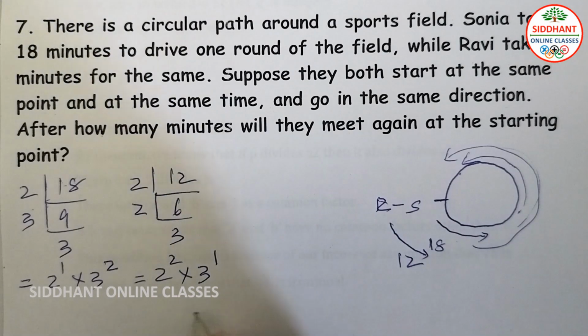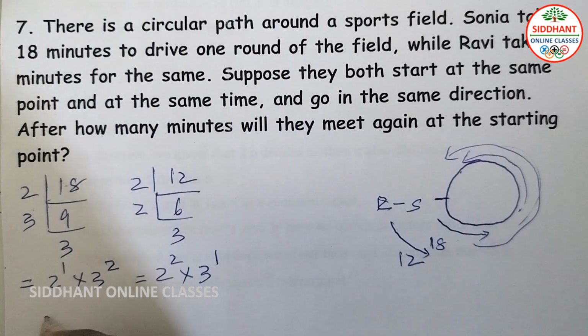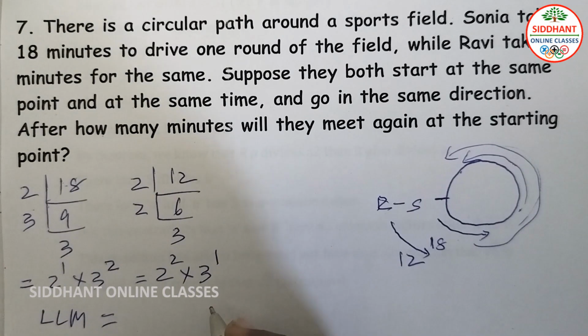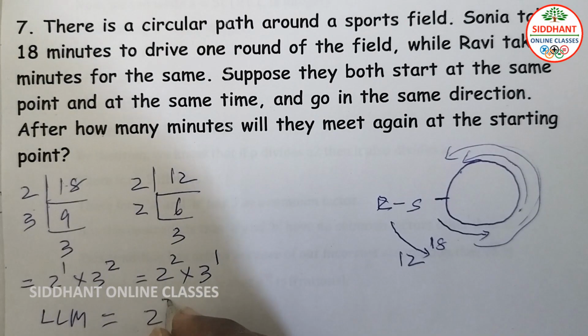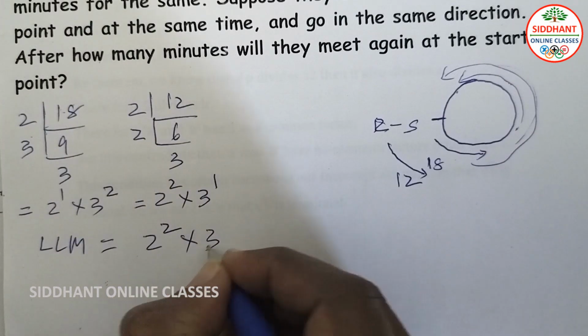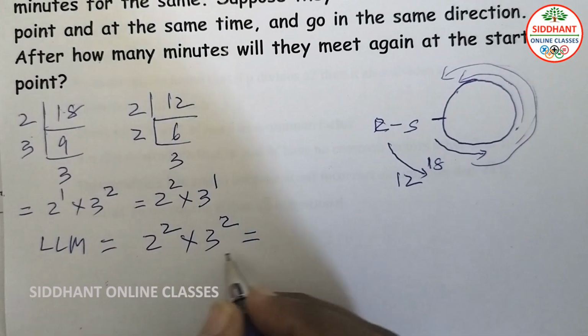So when you are going to see the LCM, we are going to take the highest power of each factor and multiply it. That means the highest power of 2 will be 2 to the power of 2 here, and for 3, 3 to the power of 2 here.